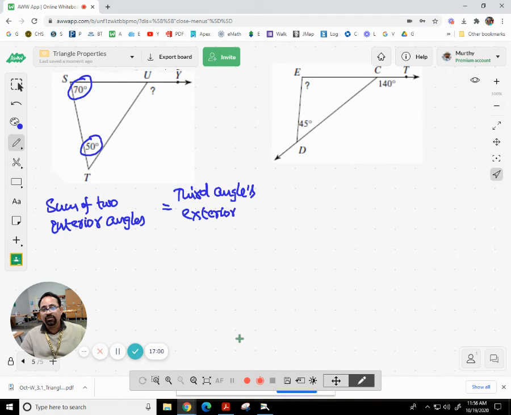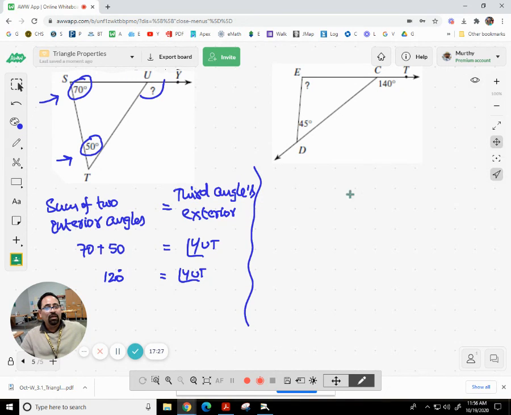So here it is 70 degrees plus 50 degrees. These are the interior angles, you can see them. And the third angle, here is the question mark, which is angle YUT. This we don't know, so just add them up. You get 120 degrees. That's the value of angle YUT.